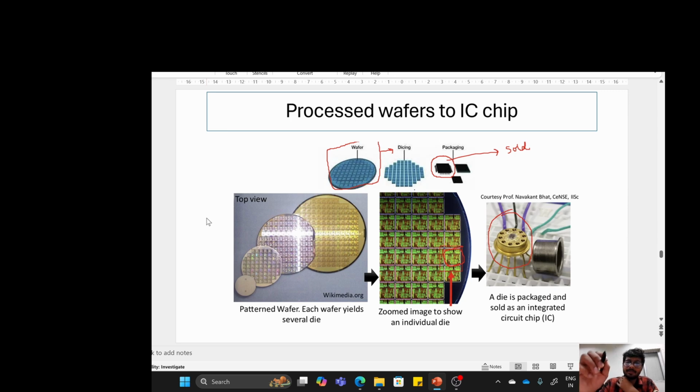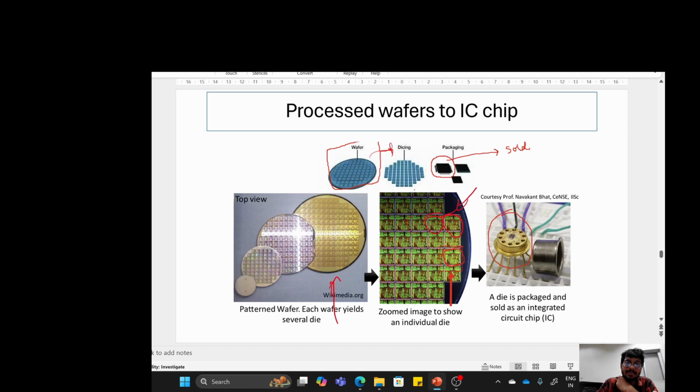Finally, after the processing, you can write the whole wafer in a single go, and then you can separate the wafer after dicing. Dicing means there are cutting tools like blades that can precisely cut your dies into small pieces, according to the parameters you set for the size of the dies.